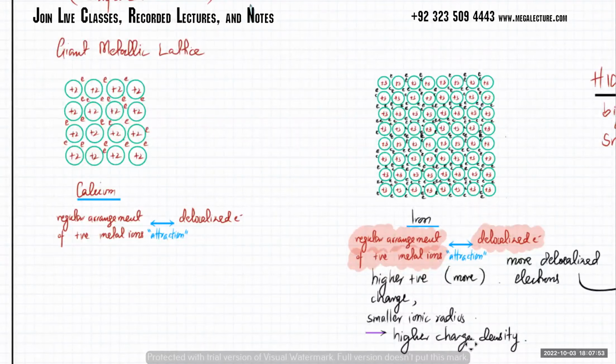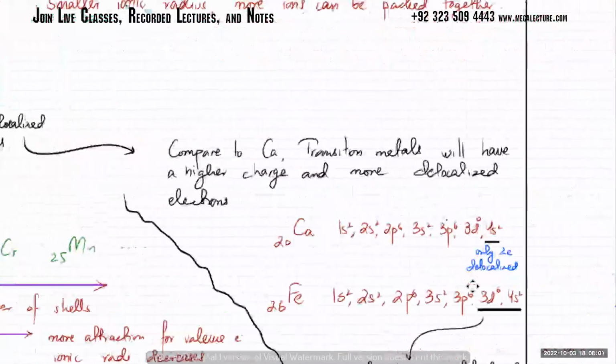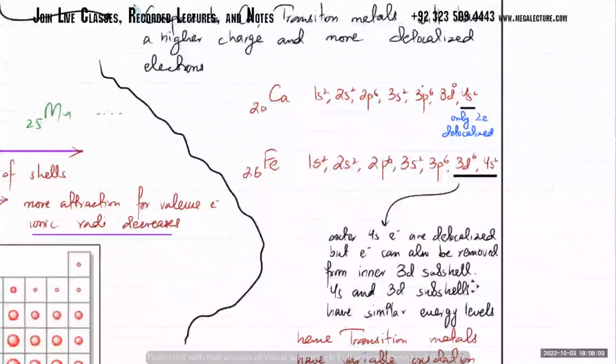And you've got higher charge density as well, because iron can lose a lot more electrons. Why? Because compared to calcium, iron has this. Calcium does not have electrons in its 3d subshell, so when electrons are lost from the 4s, it's a lot harder to remove electrons from the 3p. While in iron, when electrons are lost from the 4s, it's got a 3d subshell which has very similar energy levels, so electrons could also be lost from this subshell.